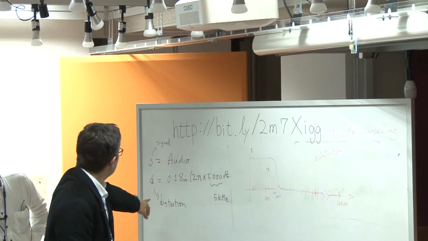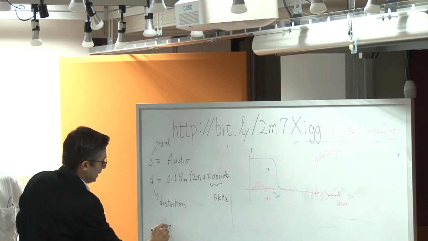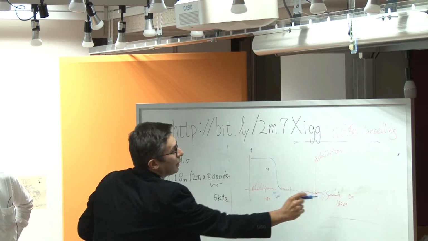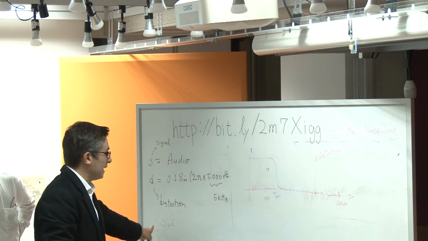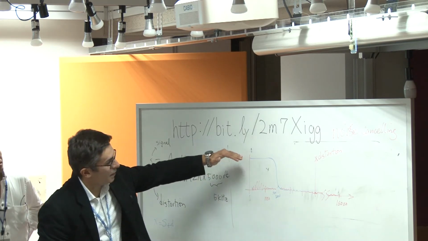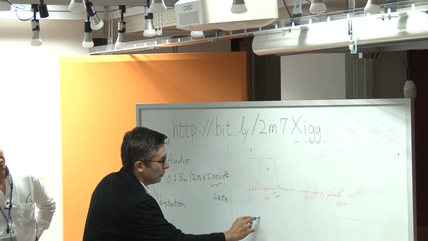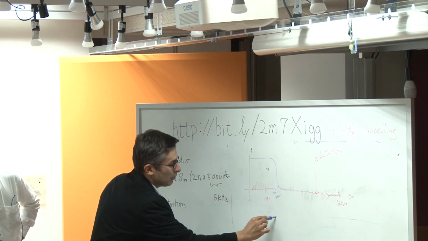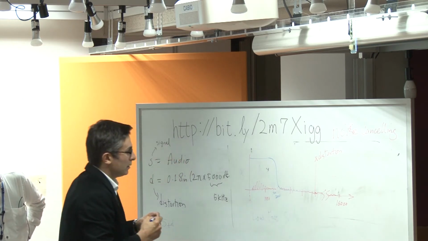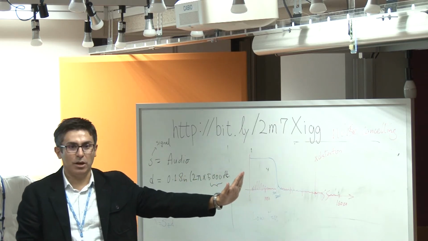So this is the signal X, the spectrum of the Fourier transform of the signal X. The low pass filter means low frequency passing filter. So low frequency is passed, high frequency is eliminated.